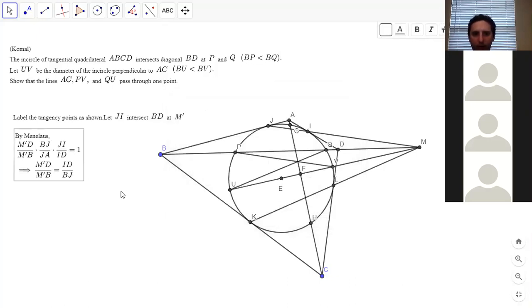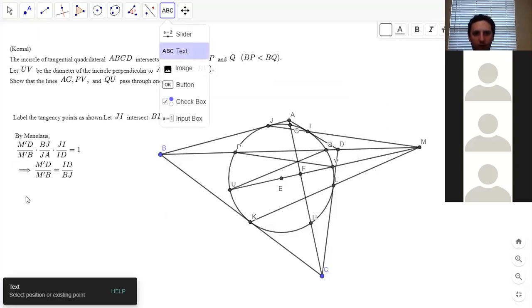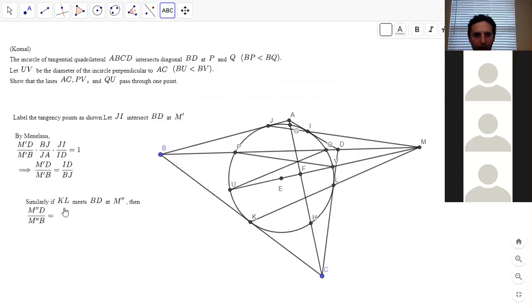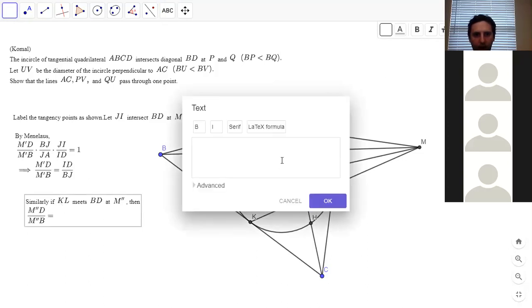And then similarly, if KL meets BD at M double prime, then M double prime D over M double prime B is equal to LC over BK.